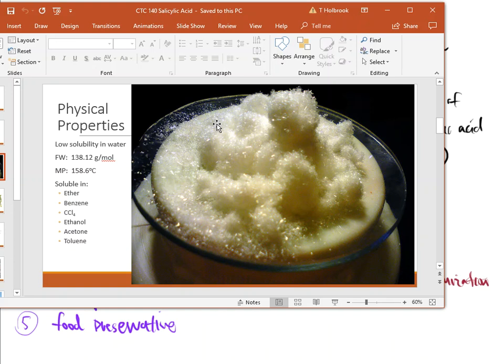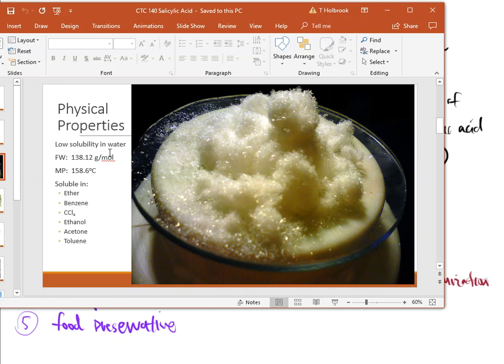It does dissolve, don't get me wrong, but it's a little bit stubborn. So you have to work it a little bit to get it into solution if you use water as a solvent. The formula weight is 138.12 grams per mole, and the melting point is 158.6. Those are some physical properties that you might need in order to complete this lab.